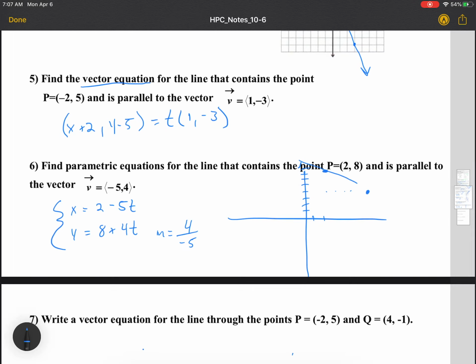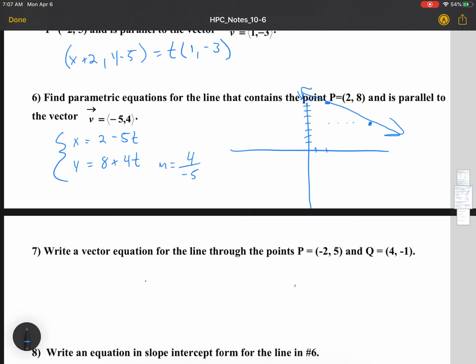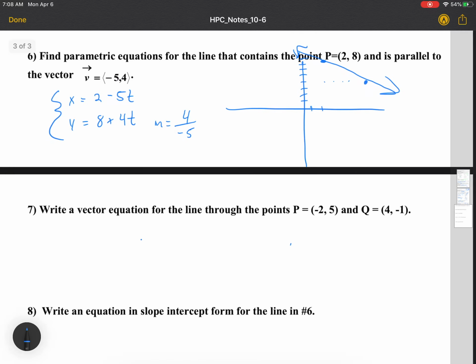So we got something like that. Again, hopefully you can draw a better line than me. I'm still not good at this on my iPad. So we know that you can use the vector to find the slope and just use your starting point and go from there. Do your rise over run, graphing stuff back in Algebra 1. That's the same thing we're doing right now.